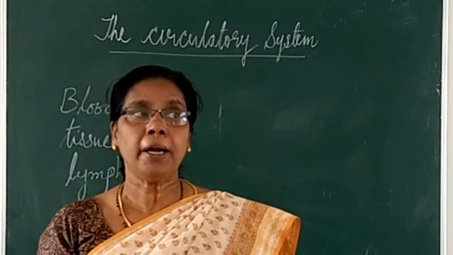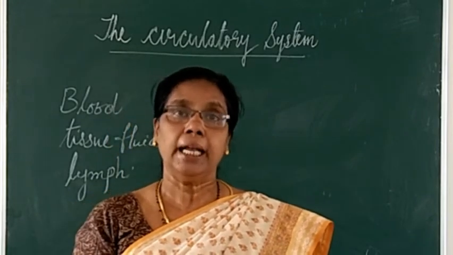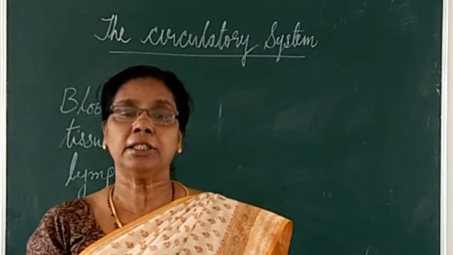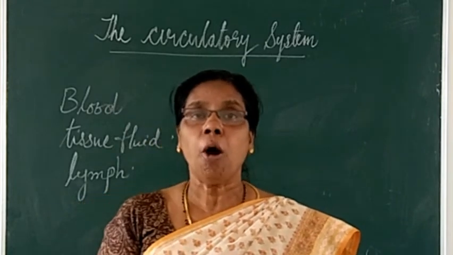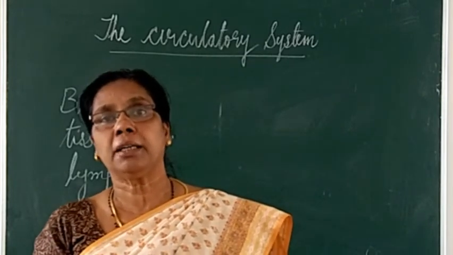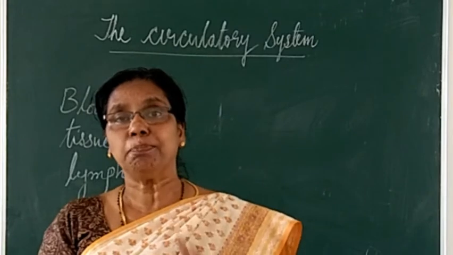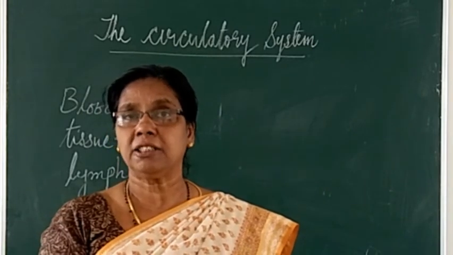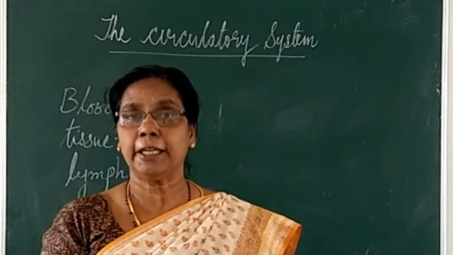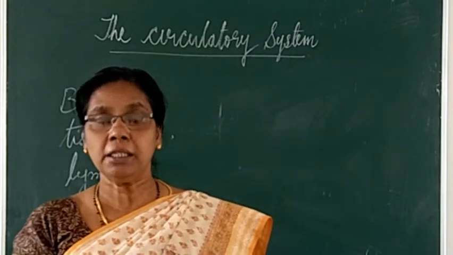Whereas in certain insects, you can see that the blood flows openly into the body, and such a circulatory system is called an open blood circulatory system. So there are two types of blood circulatory system in living things, especially in animals.